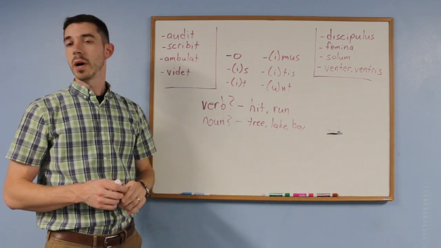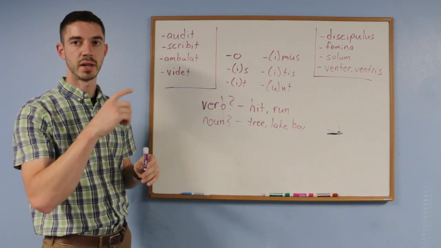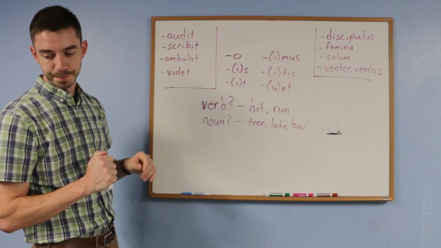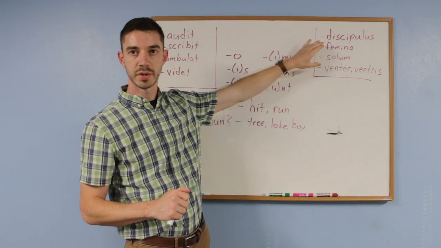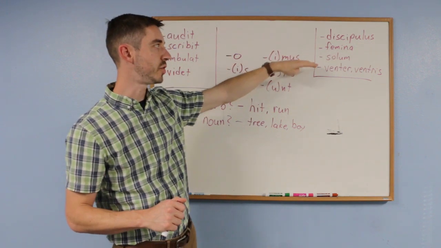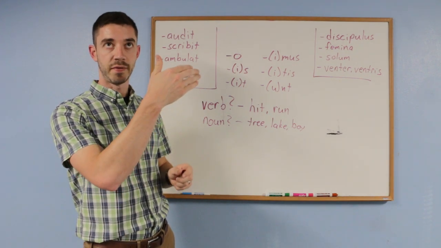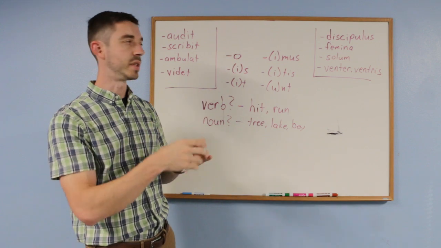Now remember what we call groups of noun endings and groups of verb endings, right? So when we take nouns and put them with a group of endings, remember that's called a declension, okay? Remember those are the 5 endings that we talked about: nominative, genitive, dative, accusative, ablative, okay?